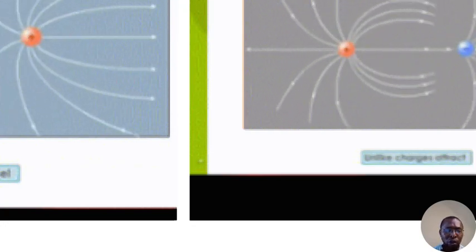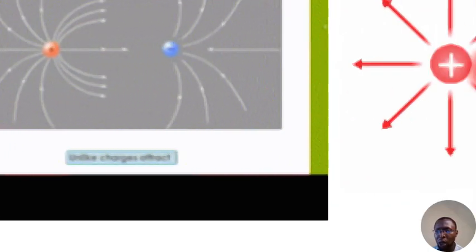The space that is left untouched is called the neutral point. Neutral point is a region in the electric field where electric force is not felt because there is a strong repulsion occurring in that region. So when it is like charges, the fields repel each other, and there will be a neutral point.